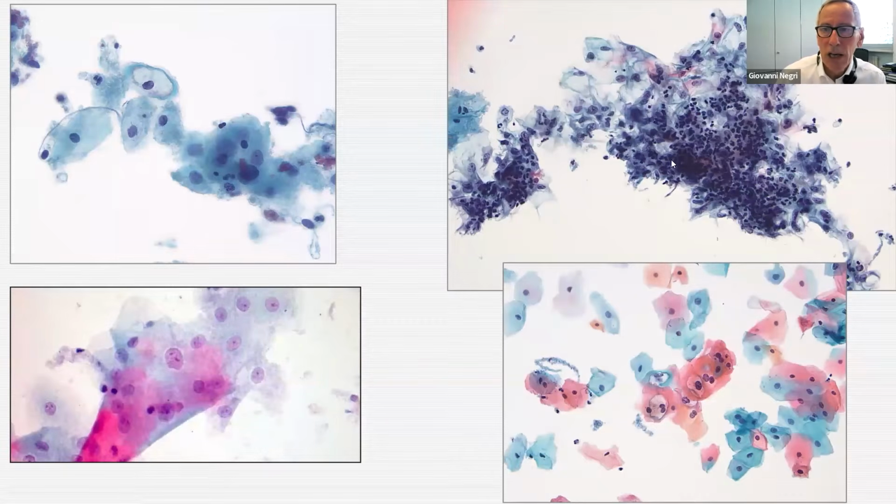Reactive changes may be associated with a specific infection, for example, Candida or Trichomonas. You usually have more diffuse changes with a relatively high number of cells with some nuclear enlargement, typically up to 2 times compared with normal cells. You may have small nucleoli. You may even have some perinuclear halo, usually very small, narrow perinuclear halo, differently from what you see in koilocytes.